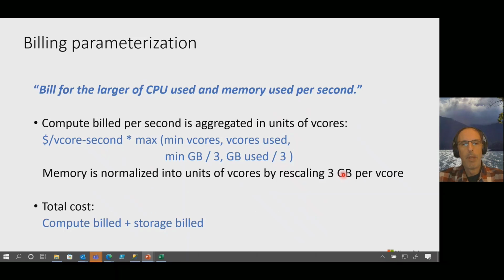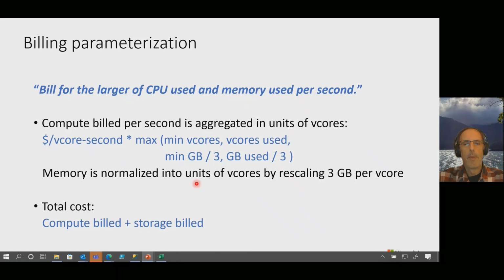So how is the compute bill actually calculated? Essentially, we're billing for the larger between CPU and memory used each second. That naturally leads to the question, well, how do you compare CPU usage to memory usage when in fact CPU and memory are different resources with different units?